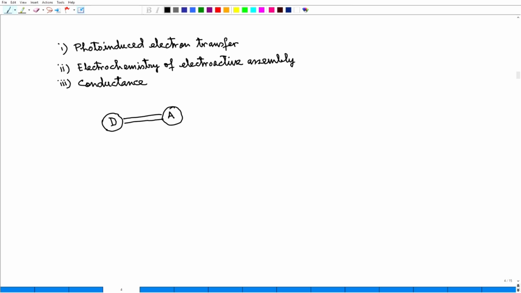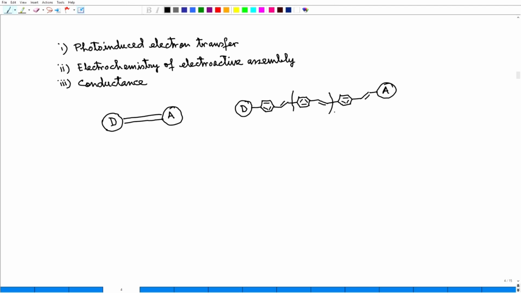For example, let me draw a molecule that has really been synthesized, where you put a donor and then this is the bridge, and then acceptor.